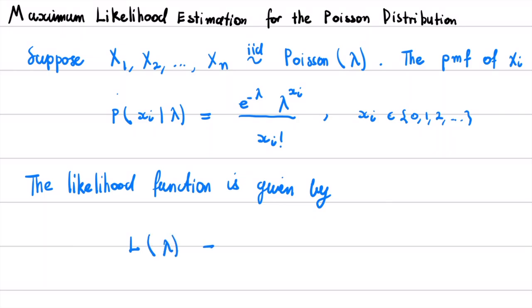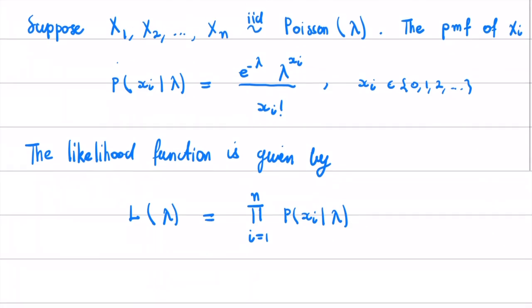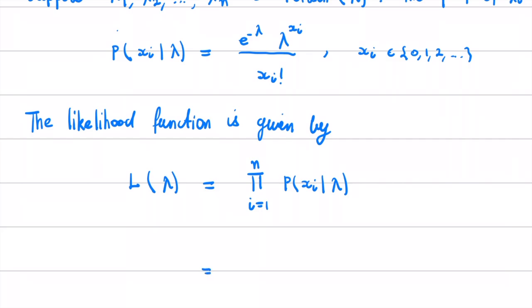L of lambda is equal to, now the likelihood function is given by the product of all the respective marginals. So in this case, we have the product of the probabilities that X equals xi, from i equals 1 to n.